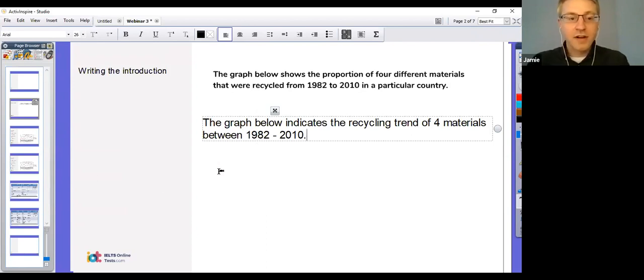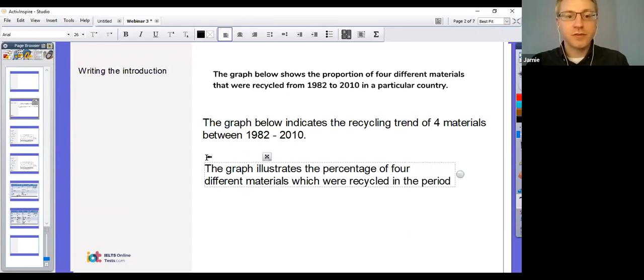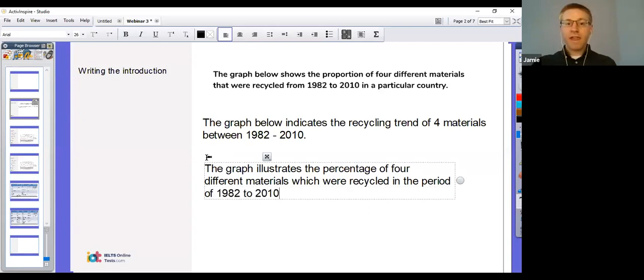Rania, I'm going to bring up your one here. So the graph illustrates the percentage of 4 different materials which were recycled in the period of 1982 to 2010 in a certain country. Very good.